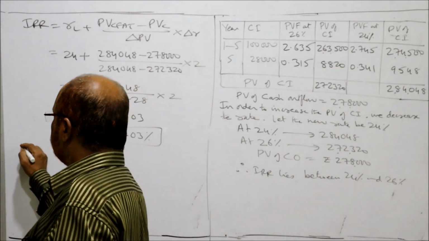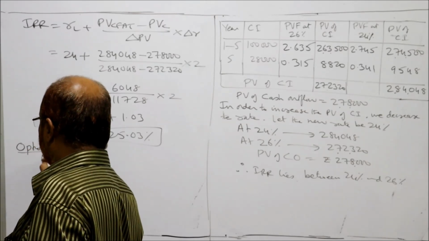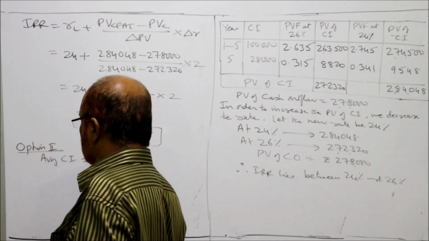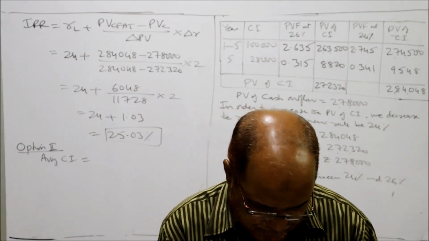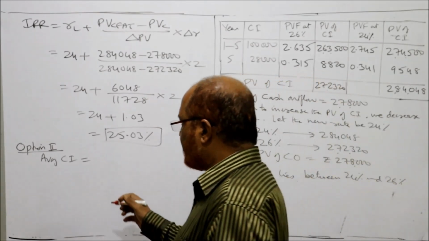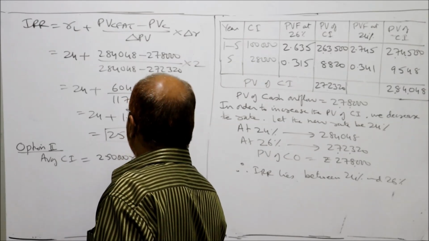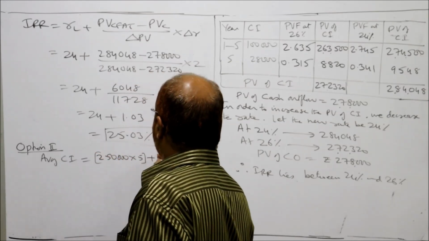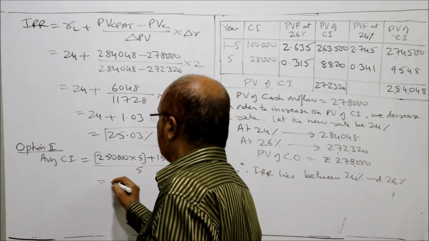Now option 2. Average cash inflow: we are getting 2,50,000 into 5 plus 1,50,000, divided by 5.